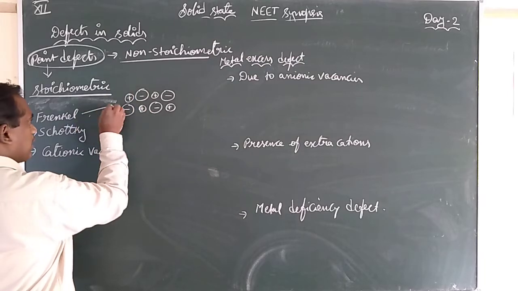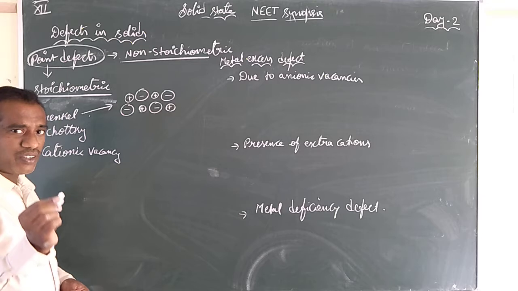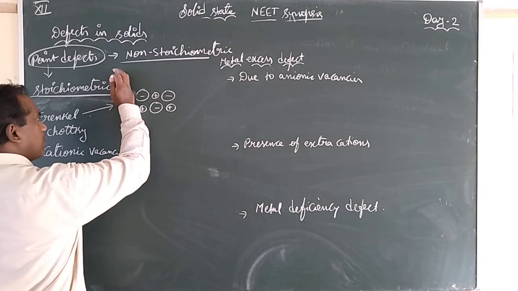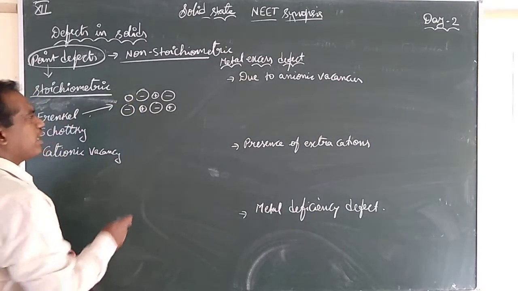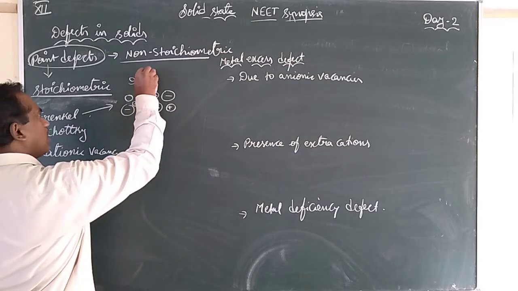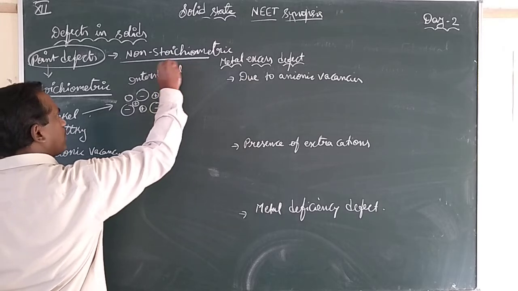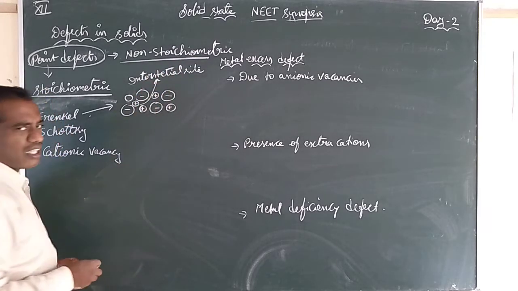The Frenkel defect is seen in systems in which there is a large difference between the radius of cation and anion. When you see here, some of the cations will leave their site and occupy some interstitial site. This space in between we call the interstitial site.